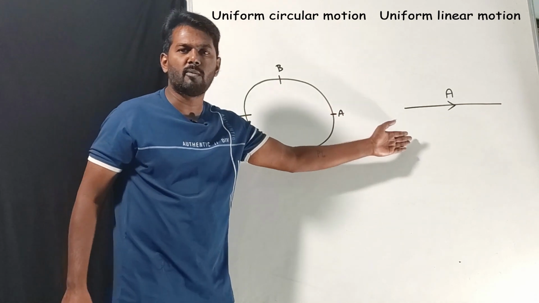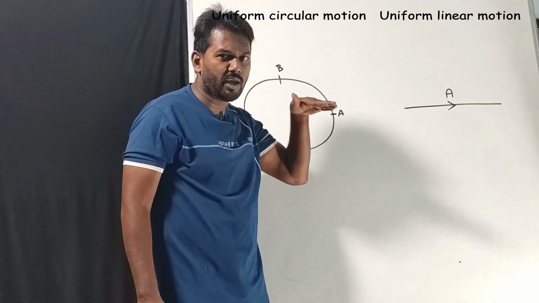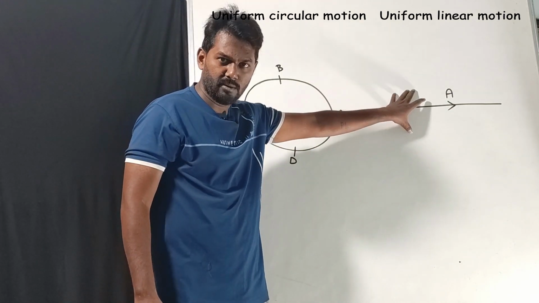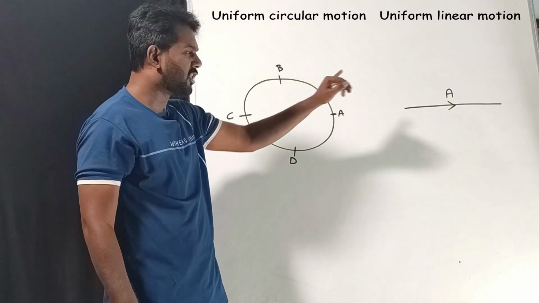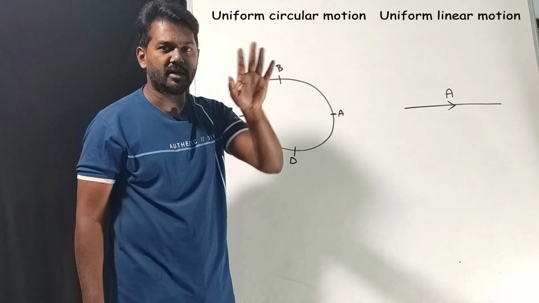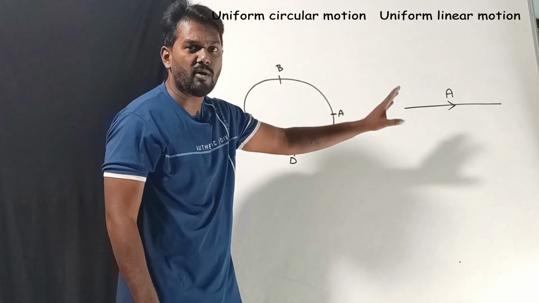What do you mean by uniform linear motion? An object moving in one direction with the same speed. We'll talk about velocity later. First we need to understand both the objects are moving with the same speed. That is why we are calling this uniform circular motion, and this one uniform linear motion.